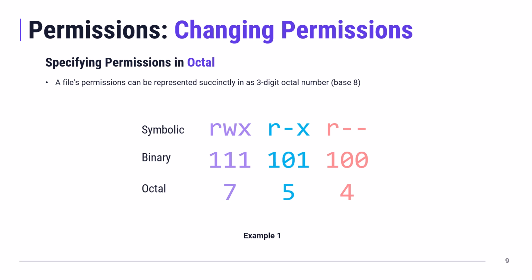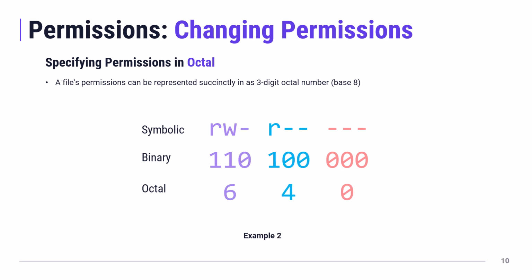Wherever a permission is to be granted, you put a 1. Wherever it's not to be granted, you put a 0. And then you simply convert those groups of 3 into octal digits. So we have 111, which is 7, 101 is 5, and 100 is 4. And so in this case, you can represent those permissions with 754.